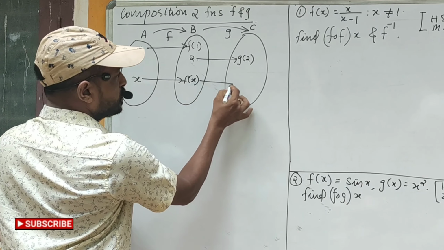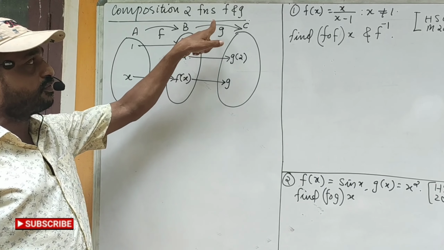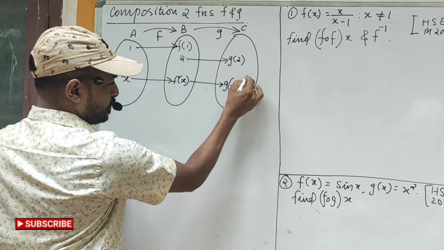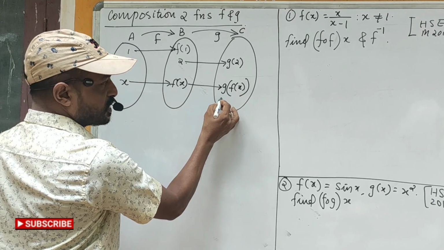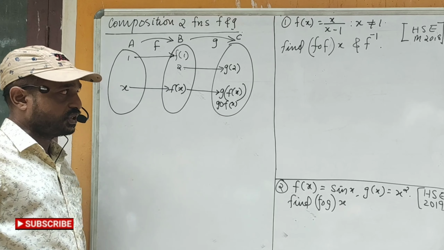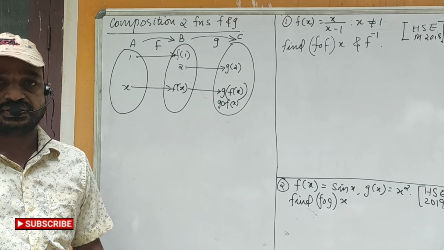This function is g, therefore the image of f of x under the function g will be g of f of x. g of f of x is also written as g composition f of x.